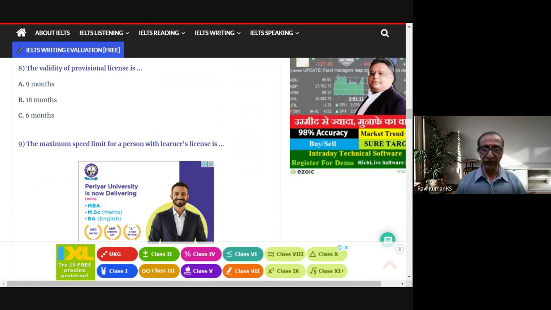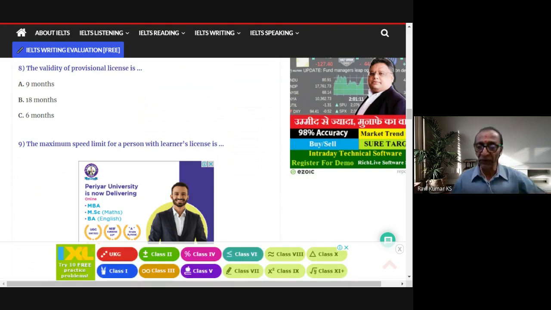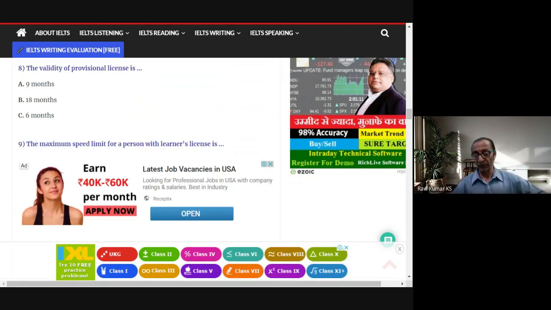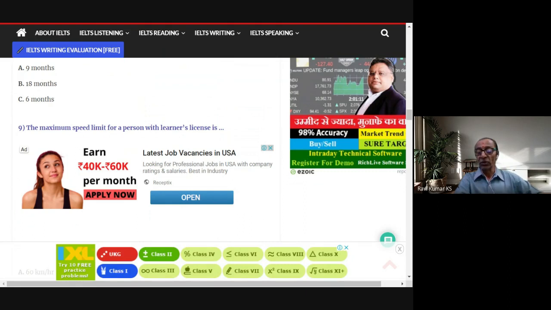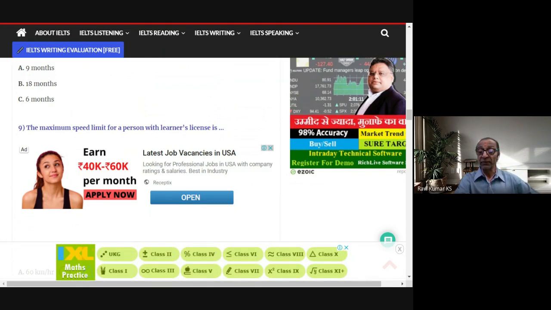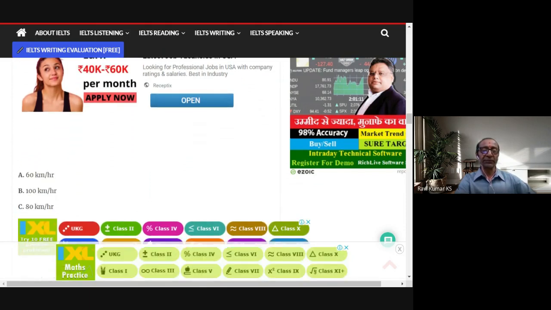In the western part of the world, they write the speed in miles per hour. In the southern part of the world, like in the Asian countries, we write it in kilometers per hour. Okay? So you have to be very careful even about that. But here there is no controversy at all because you will be writing only the alphabets, whether it is A or B or C. Okay? So that is 60 kilometers per hour, 100 kilometers per hour, or 80 kilometers per hour.